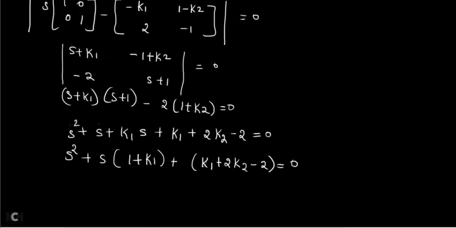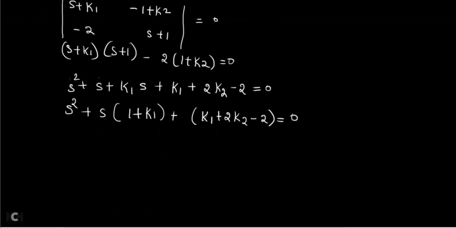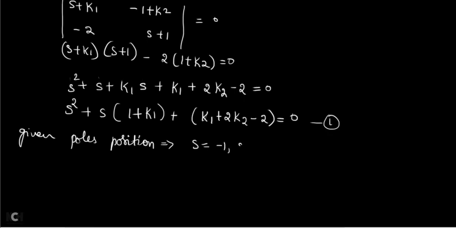Now what was the pole given in the problem? In the given problem, let me call this equation 1, they have only given where the poles should be present. Given pole positions, s is equal to minus 1 and s is equal to minus 2. Make them as factors, s plus 1 into s plus 2.